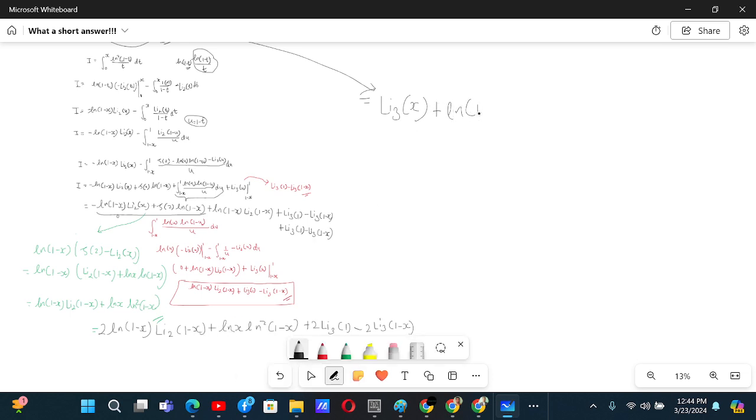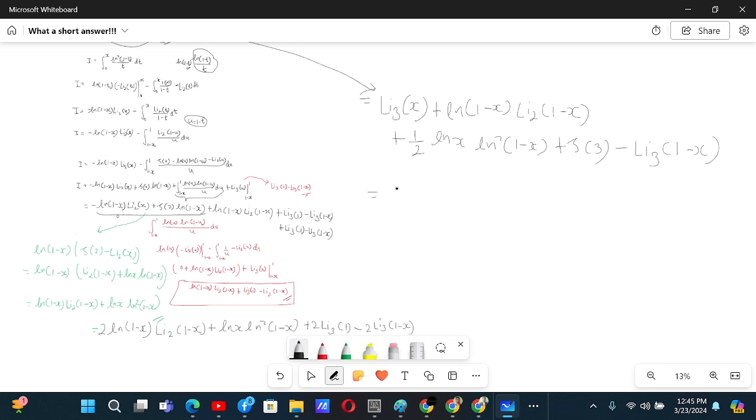Ln(1-x) Li2(1-x), and half of this thing, half of ln x ln²(1-x), and then Li3(1) is actually zeta of 3, zeta of 3 minus Li3(1-x). That is the answer.